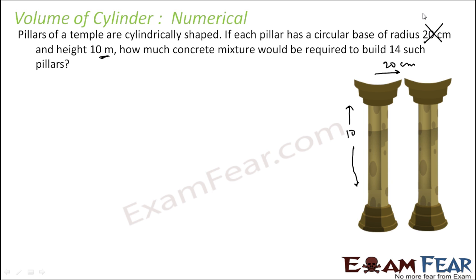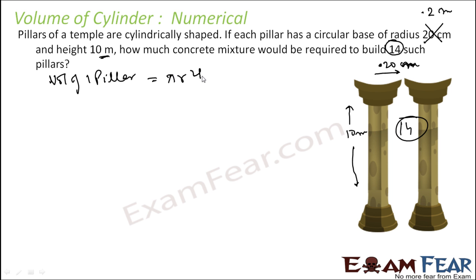So 20 centimeter becomes 0.2 meter, and the height is also in meter. Volume of one pillar, if we can find, then we can find the volume of 14 such pillars. So let me find the volume of one pillar, and that is nothing but pi r square h.